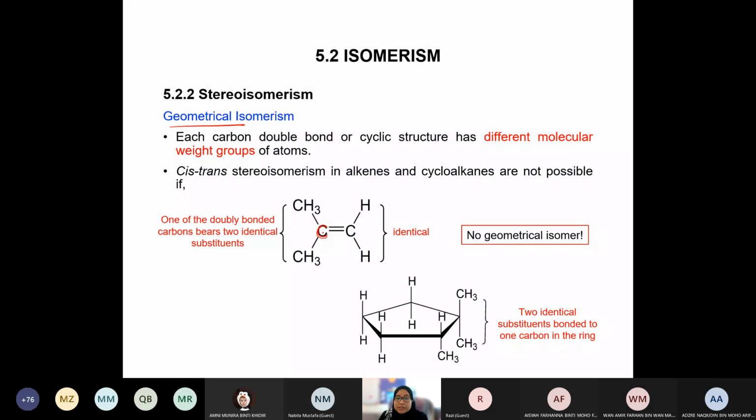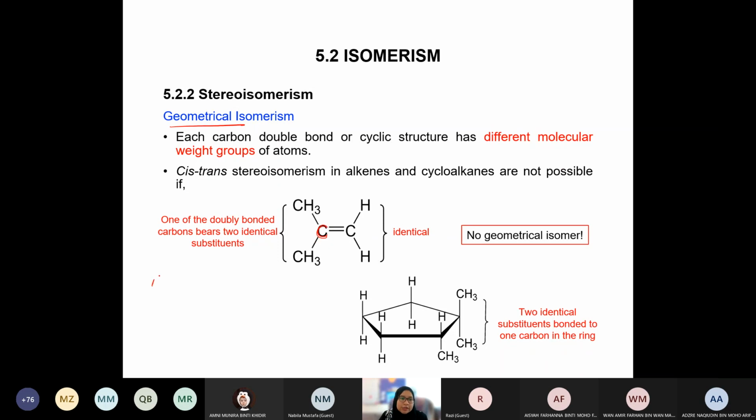It cannot be attached to the same group. Contohnya macam ni. One of the doubly bonded carbon bears two identical substituent. So if this happen, this molecule does not have geometrical isomers. Sebab syarat kedua dia tak obey.